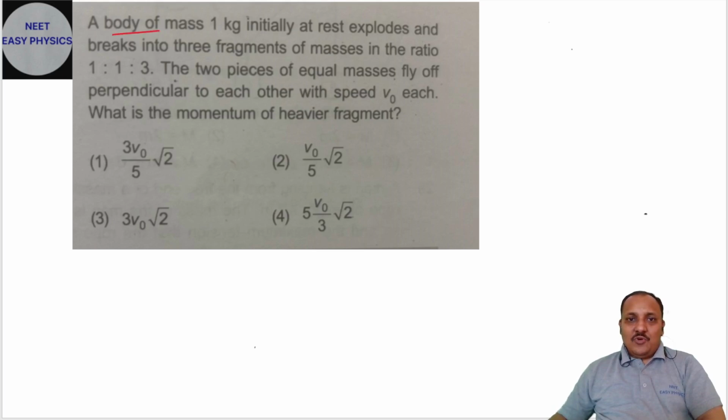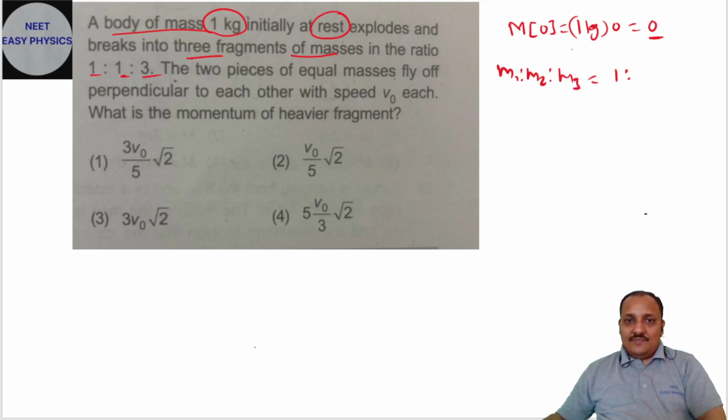In this, a body of mass 1 kg is initially at rest. Therefore, what is the initial momentum? M into 0, that means 1 kg into 0. Initial momentum is 0. Now, this 1 kg is divided into three fragments of masses 1 is to 1 is to 3. That is nothing but M1 is to M2 is to M3 is equal to 1 is to 1 is to 3.